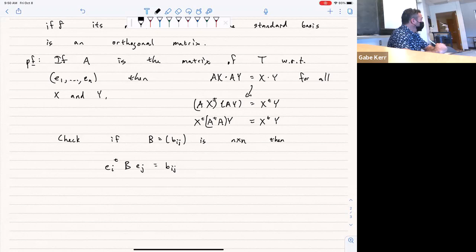Matrix 1. What this does is it picks out the jth column of B. And what this does is it will take the ith row, jth column.